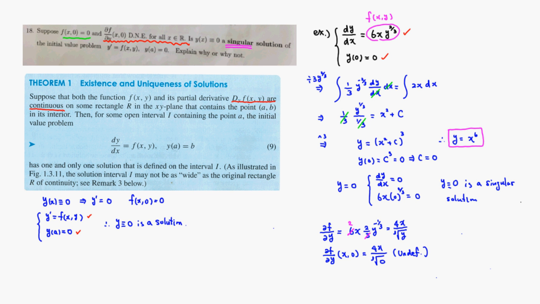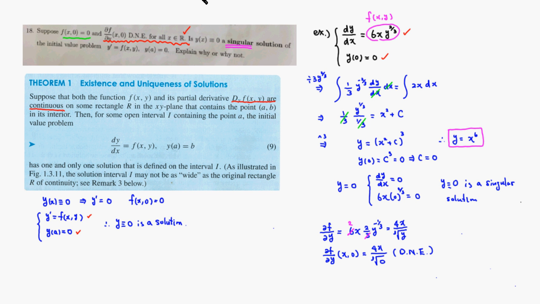Maybe I should say does not exist, because that's what they said in the problem. So it fits the property here. As you can see in this example, y identically equal to 0 is a singular solution, because this does not come from the general solution we get by solving the differential equation.